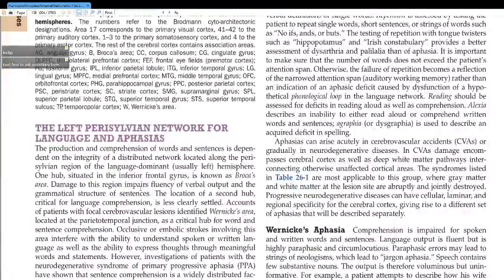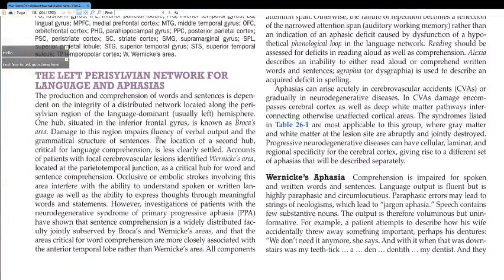Now coming to this left perisylvian network for language and aphasias. The production and comprehension of words depend on the integrity of a distributed network located along the perisylvian region of the language dominant hemisphere. One hub situated in the inferior frontal gyrus is known as Broca's area.